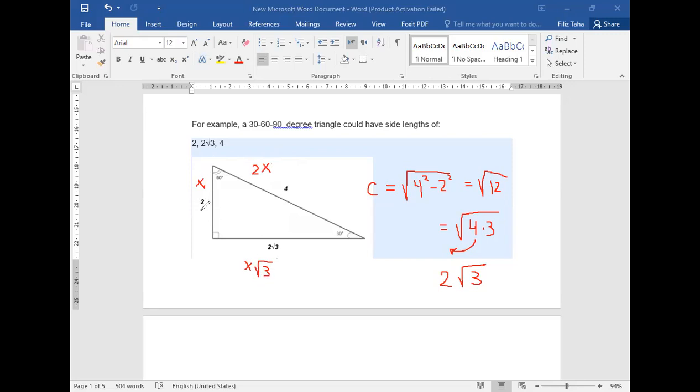Then 2 multiplied by 2 becomes 4, and 2 times root 3 is 2 root 3. This is the first type of special case, and this is an example. We can use the Pythagorean theorem to find the missing side, or we can use the constant or standard ratio, which is x, 2x, and x root 3.